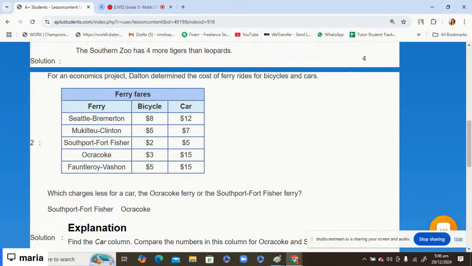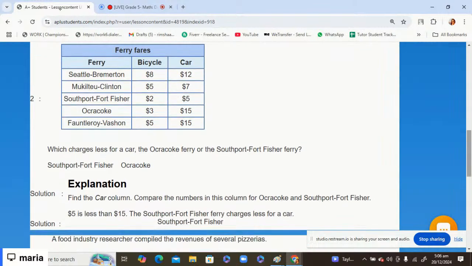Which cost is less? The less is Southport. Okay, we are only interested in this one.